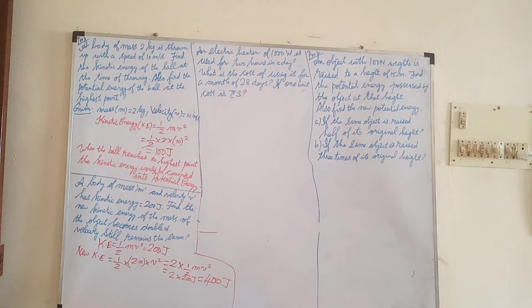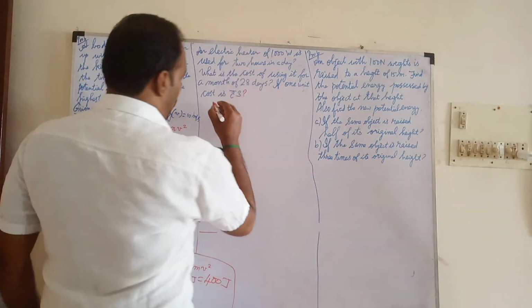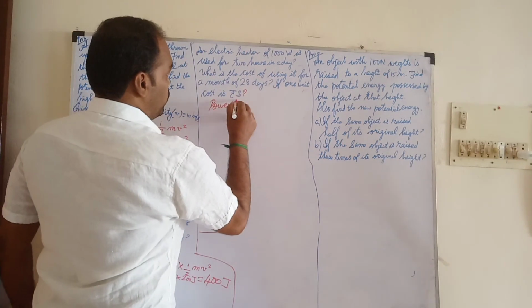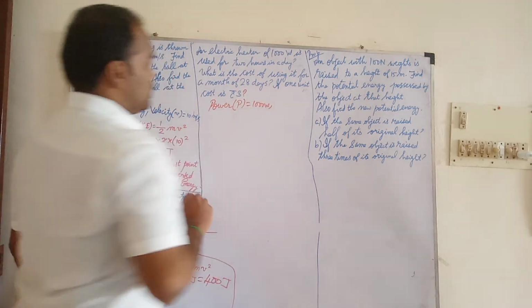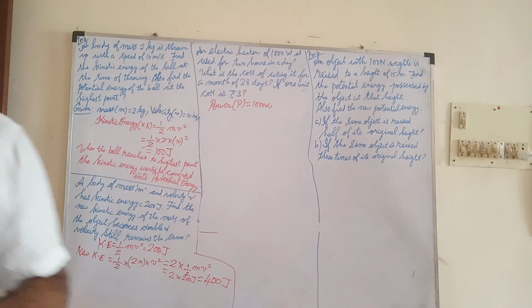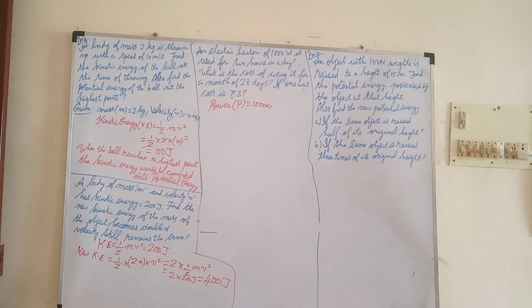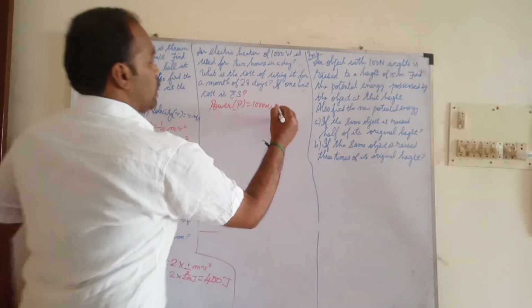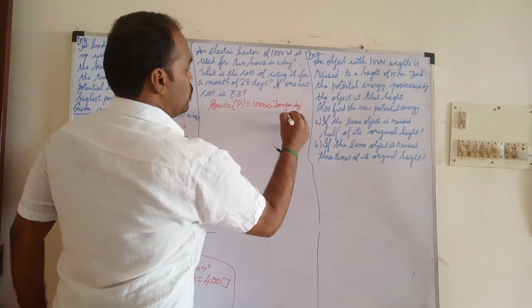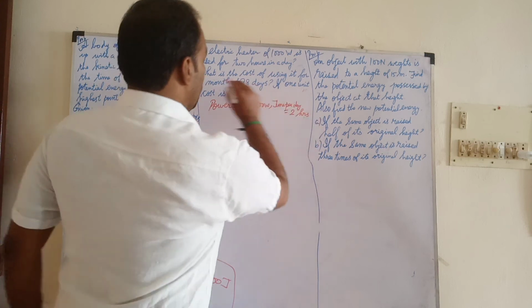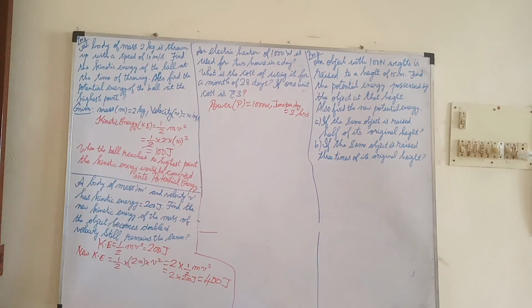An electric heater of 1000 watt. So power equal to what? 1000 watts. Used for 2 hours in a day. So time per day is how much? 2 hours. What is the cost of using it for a month of 28 days?